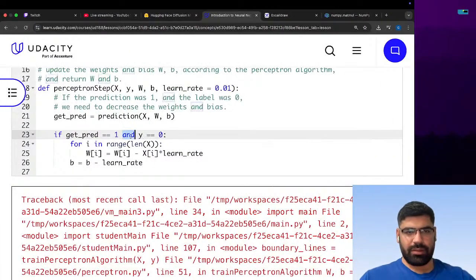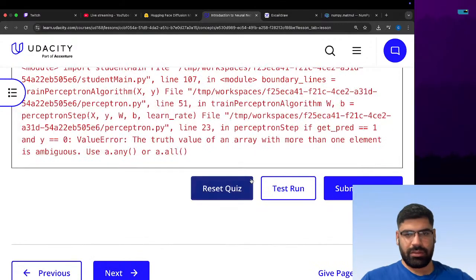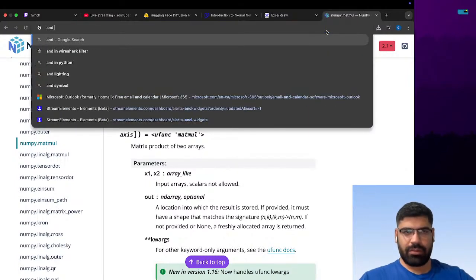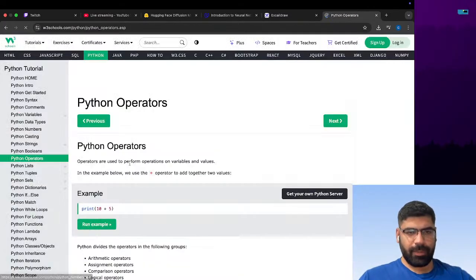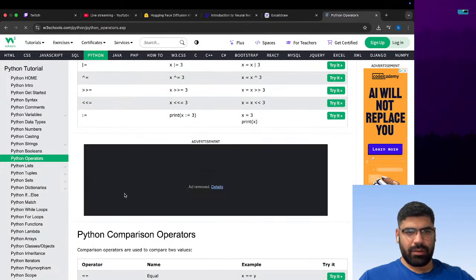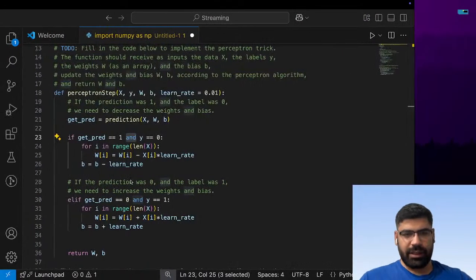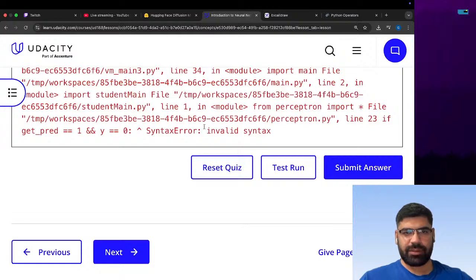It doesn't? The operator 'and' works like that, so this is good. What else is it saying? It's supposed to be something else.